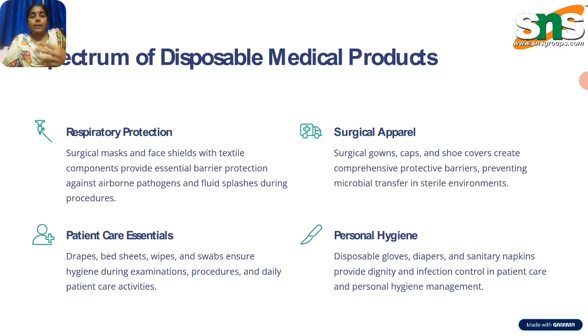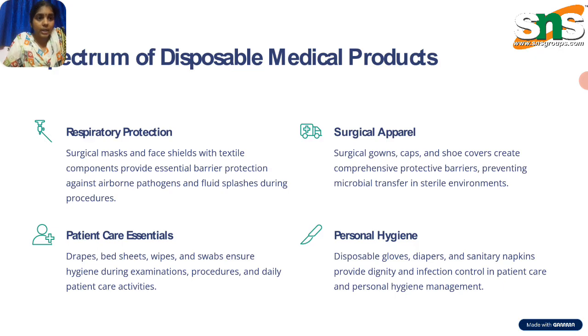Tissues are given antimicrobial and antibacterial finishes along with fragrance finishes, so that it gives a pleasant feel to the patient. Psychologically, it helps to keep the patients calm. Diapers are mainly used for bedridden patients and infants. In the maternity ward, patients are given proper napkins and tissues with fragrance finishes, so that they feel comfortable.